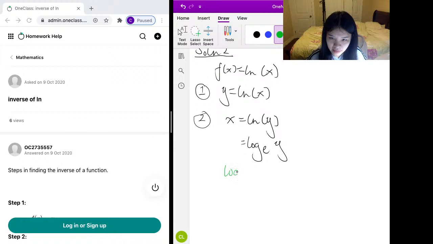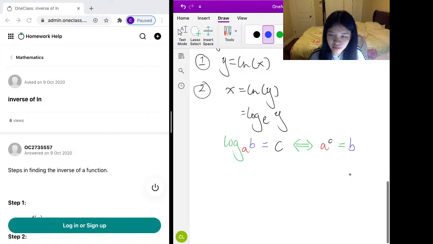So we know that log base a of b equals c is the equivalent of a to the c equals b. So these two are equivalent.